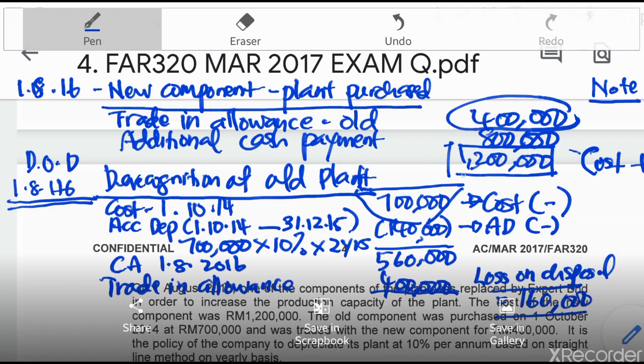Okay, if you want to make it easy, what we will do is we will first calculate the depreciation for the item. And our item here is to look at the depreciation for your asset, and the asset that we're going to depreciate here is plant.